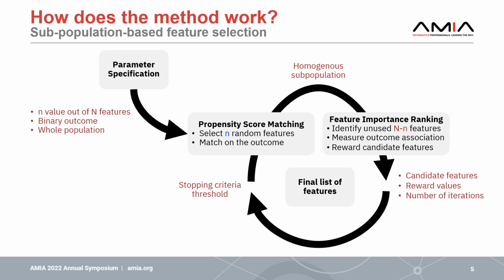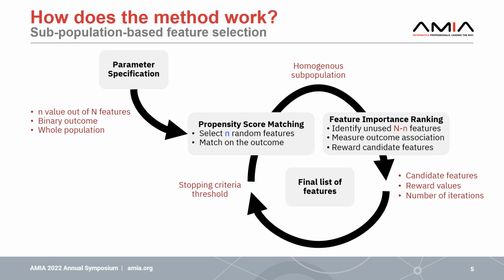In the same iteration, once you identify this subpopulation of positive and negative individuals, you look at the other covariates that were not used for matching, and you sort them, let's say in descending order, according to p-value or any other criteria. If a few of them or many pass some predefined threshold, for example p-values smaller than 0.001, then you reward these features that were not used for matching.